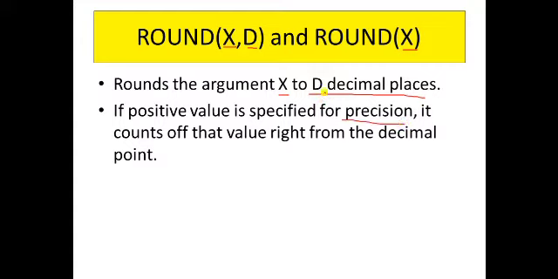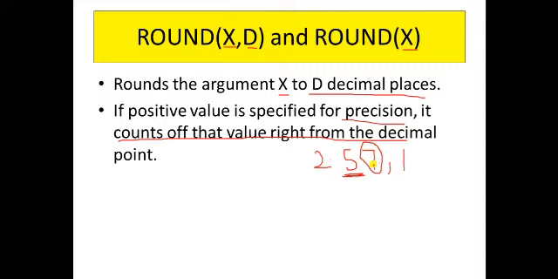Let us see if a positive value is specified for D. Precision is D. If D is positive, it will count from the right of the decimal. That is 2.57, 1. This is a positive value. So it will need one decimal place to the right of the decimal. As you know the rules of rounding, when you want one decimal place, you will check this number 7. If it is 5 or greater than 5, the previous number will increase in its value.